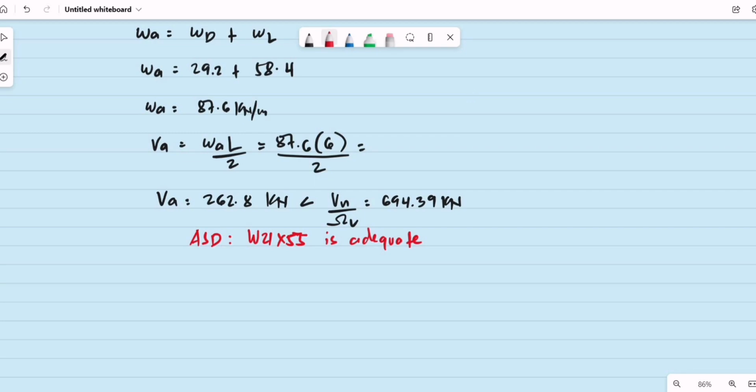Since the allowable shear of 262.8 is less than the allowable capacity of the section, 694.39 kilonewtons, under the ASD method W21 by 55 is adequate. So this will be our solution for this example.